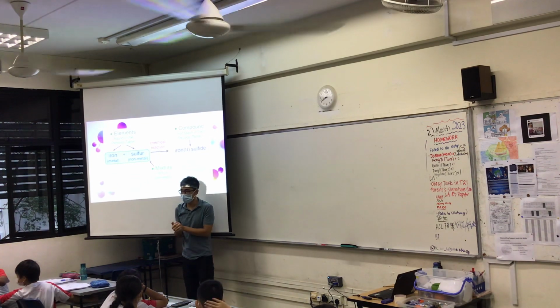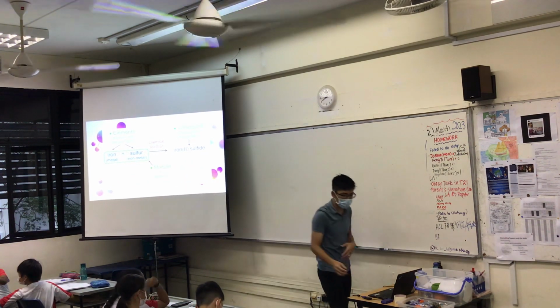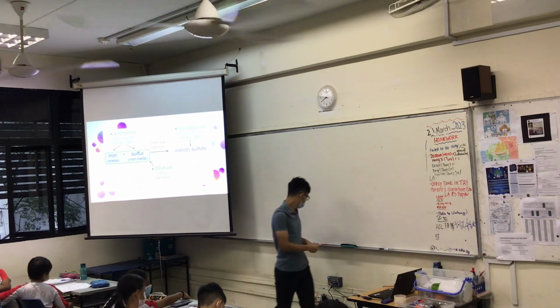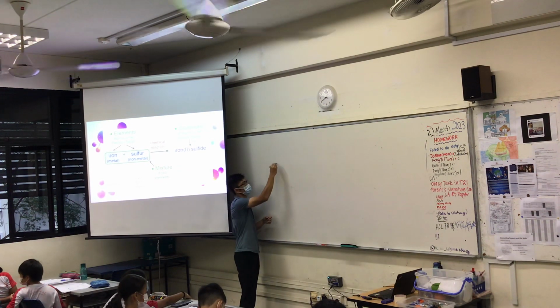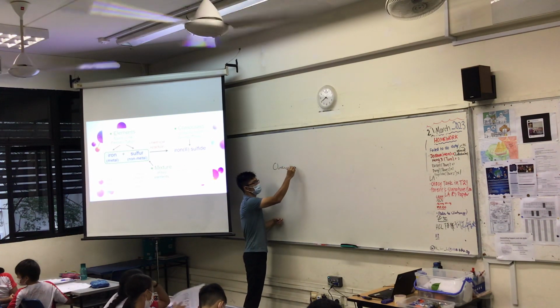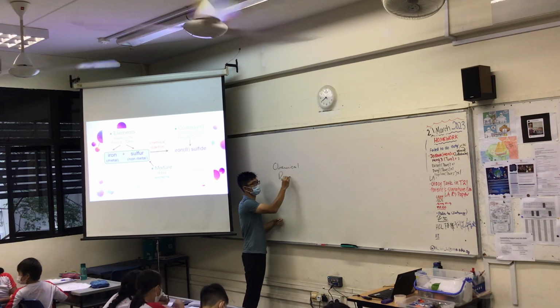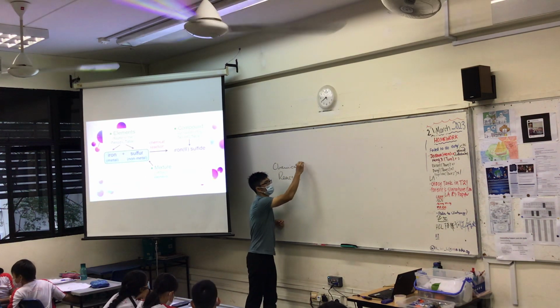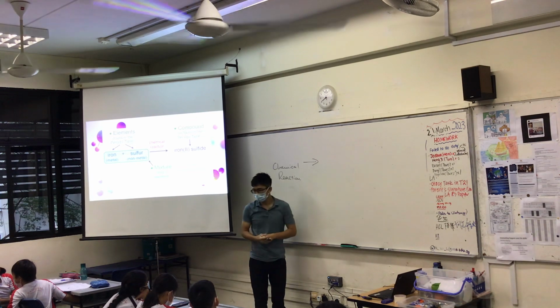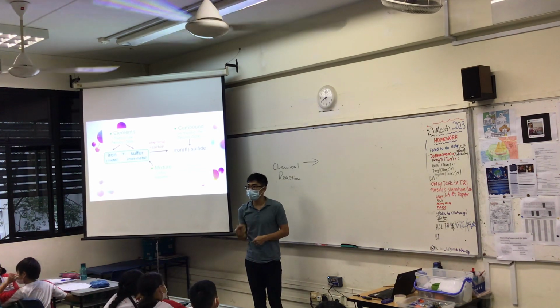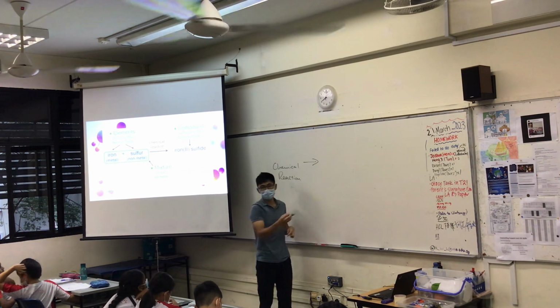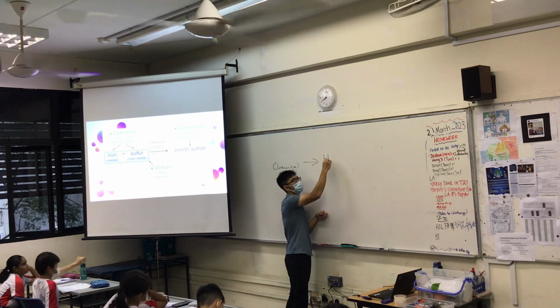What is a chemical reaction? There are a few ways I can carry out a chemical reaction. The first way I can carry out a chemical reaction is using heat.